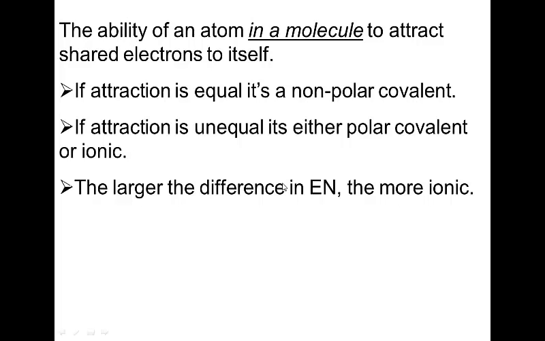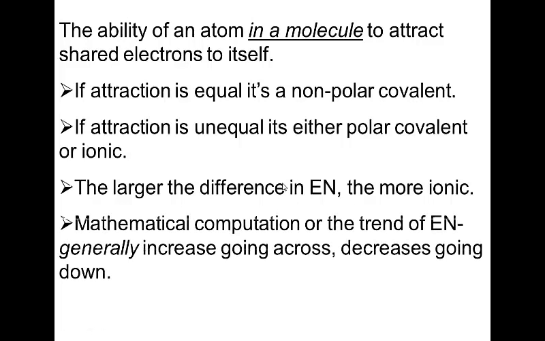Or percent ionic character, which is just a definition. We are mathematically going to compute the difference given the electronegativities of the 2 elements involved in the bond, or just go by trend, which is the one we use most often.